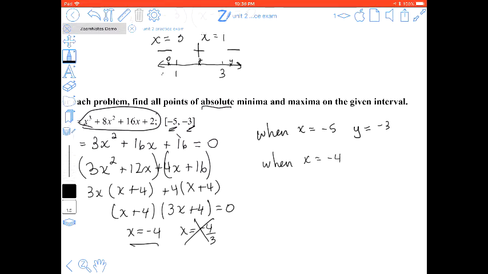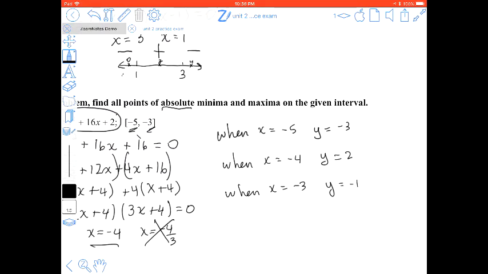When x equals -4, it would come out that y equals 2. And when x equals -3, it would come out that y equals -1. So we've plugged the two endpoints in, and then our critical number, we plugged each of those into the original function, not into the derivative, but into the original function.